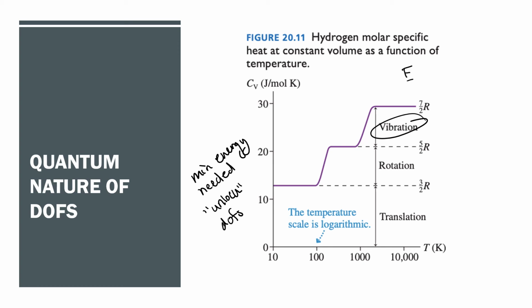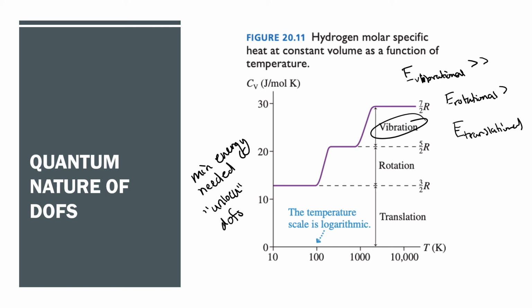The energy needed to unlock vibrational is much greater than the energy we need to unlock rotational, and this is greater than the energy we need to unlock the translational.